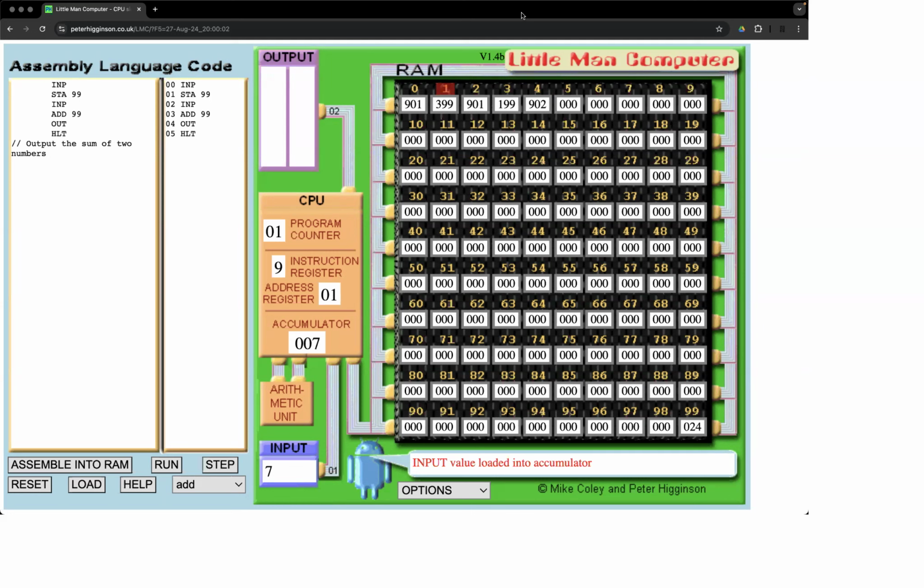Okay, so for this one we need to ask for the input first. Here's the assembly language code. First, our program counter always increases by 1. We always have the first address, where we should load.